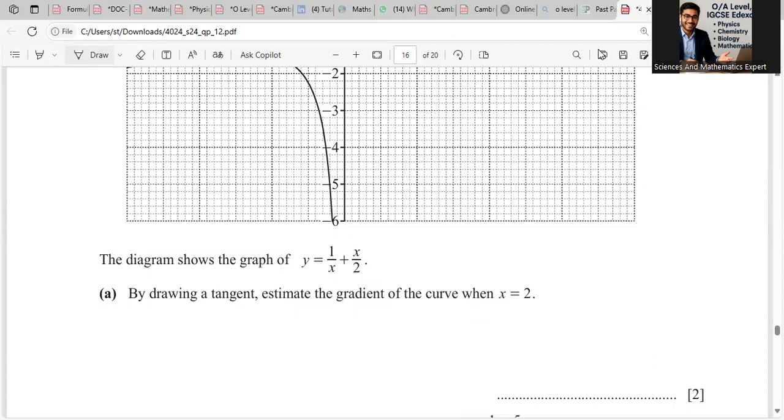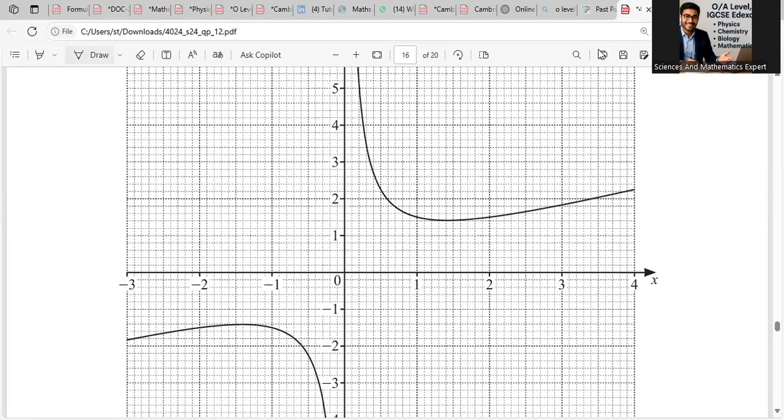At x equal to 2, you have to draw the graph. This is 2 over there. If you draw the line over there in this format, take some two values over there.